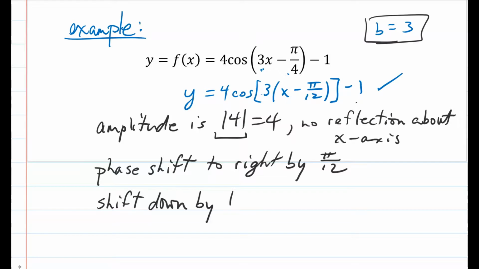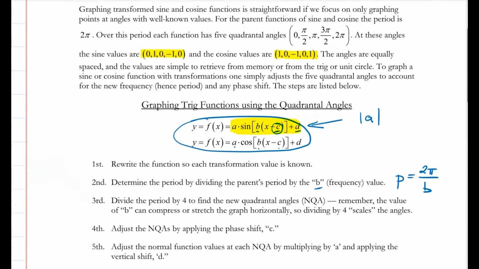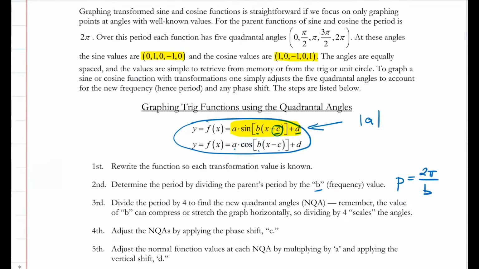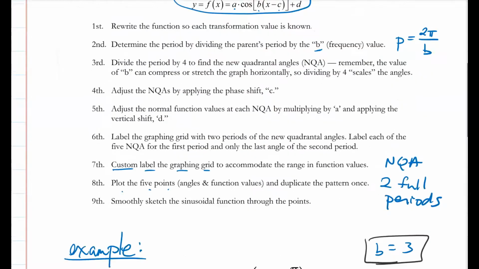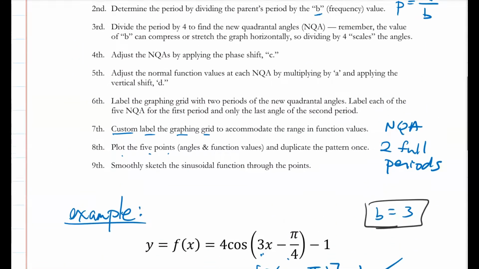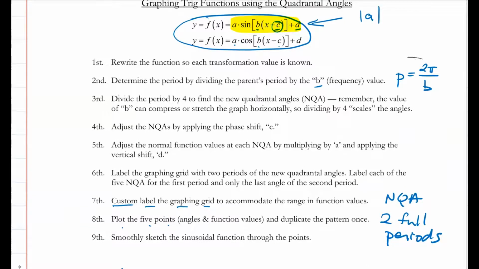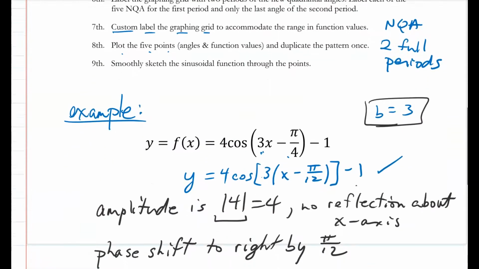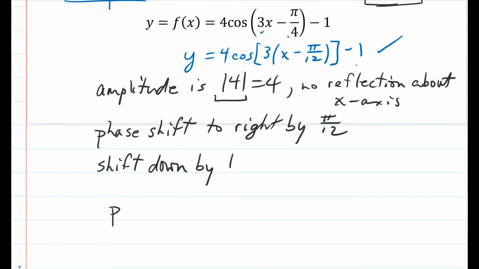Well, the key thing here again is to remember we've got these normal quadrantal angles from 0 to pi over 2 to pi to 3 pi over 2 to 2 pi. Well, we have to adjust for the new period. The new period, we found it, didn't we? Oh, and here it is. It's 2 pi over b. We've got to divide 2 pi by the frequency. So that's 2 pi.